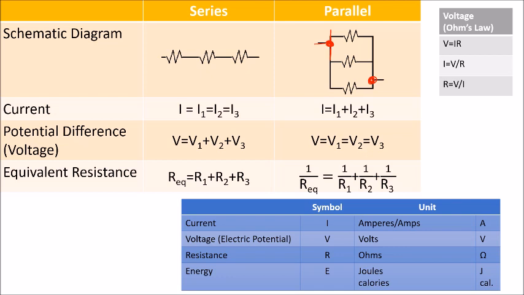In parallel, it's the current we can add together to see if we get the total current. These are not as useful for calculations for current and voltage. Most of the time we will use those properties, but we won't use those properties to calculate. Most of the time we will be using Ohm's law for calculations.